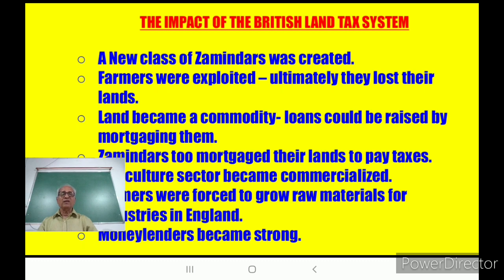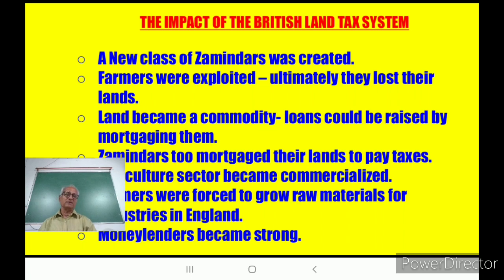So, the class of zamindars proved to be their agents in India, helping them collect taxes from farmers and passing on a major portion of the same to the British East India Company.